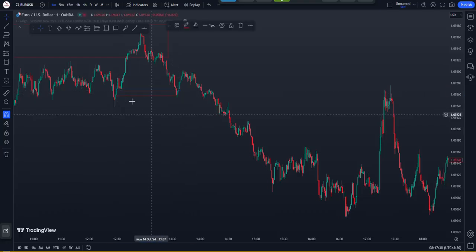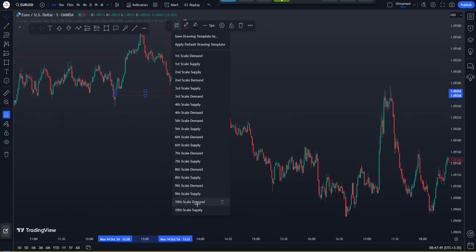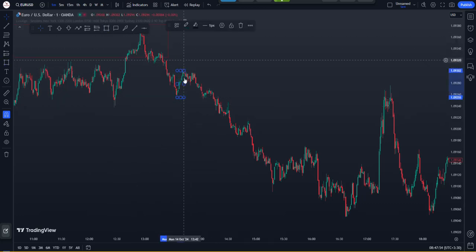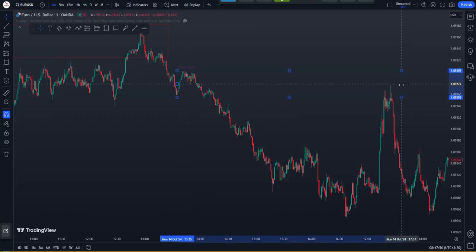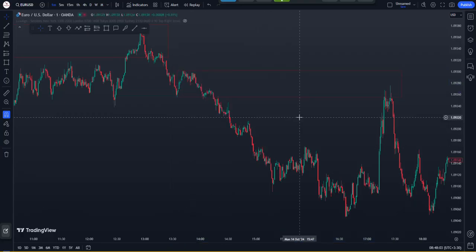You can see the swap of something here making that low. Absolutely, you can see that, and this is going to be 10 scale demand. The swap of that is here, and it worked later. It's a scale supply.